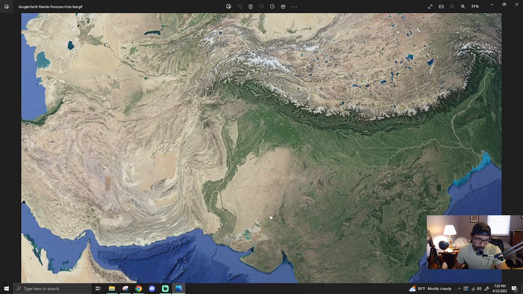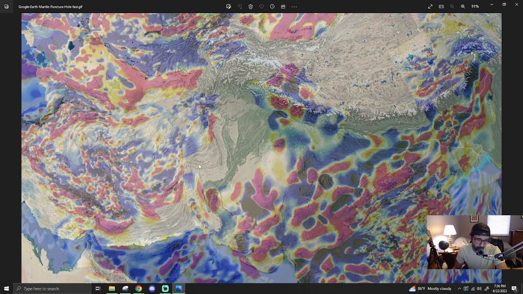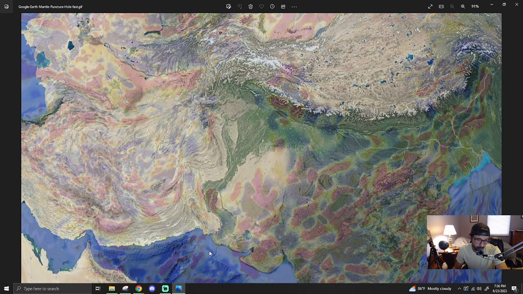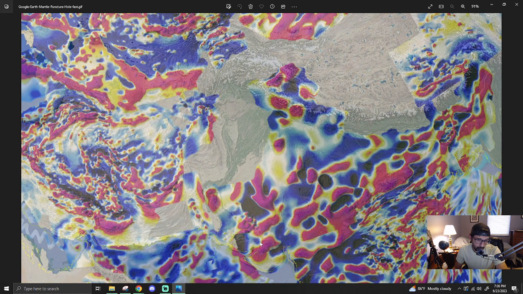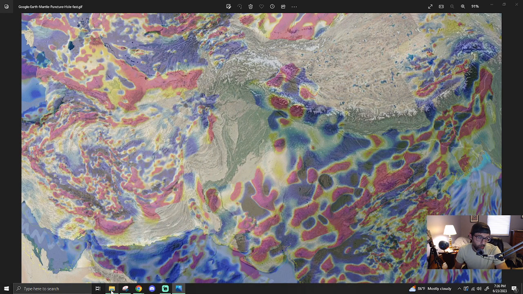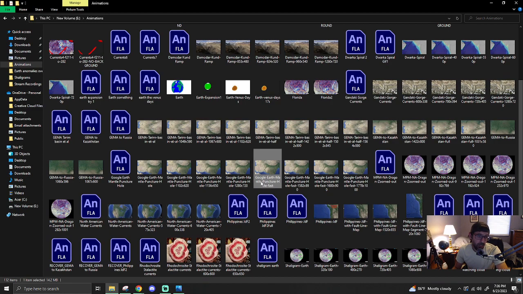Or some portion stays within it. Maybe here, and this portion goes out that way. Okay, that's one. I made several of these. So now we're gonna go north a little bit.